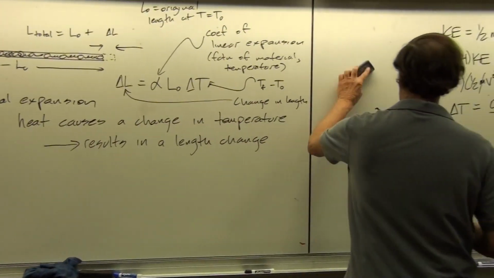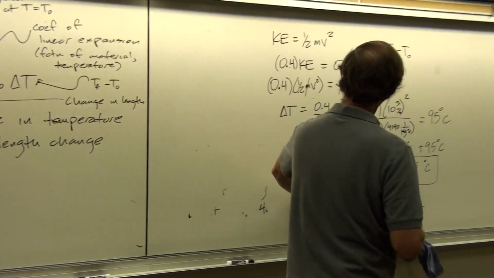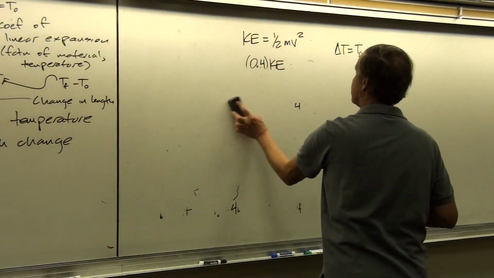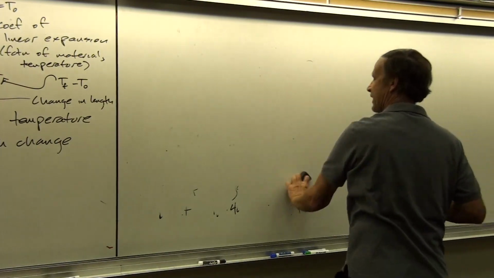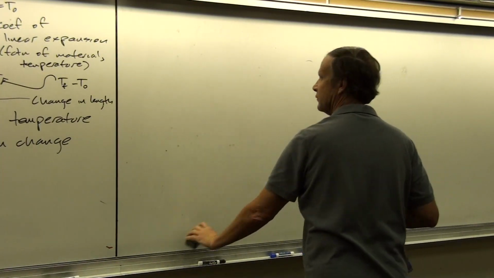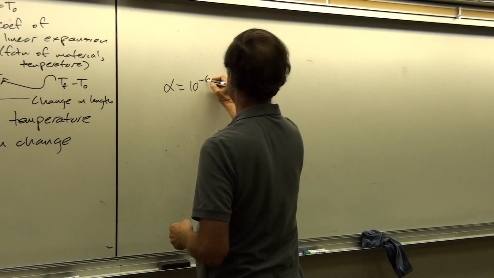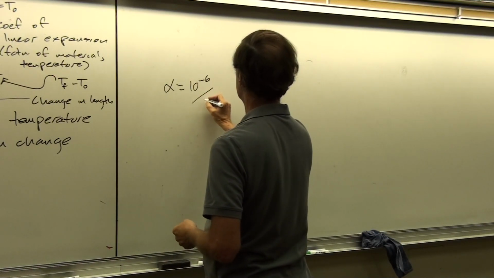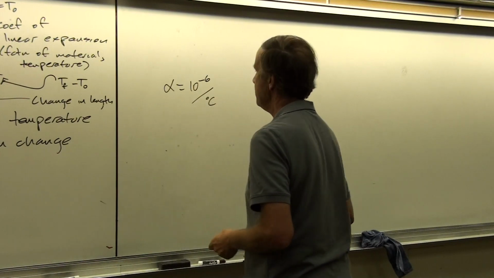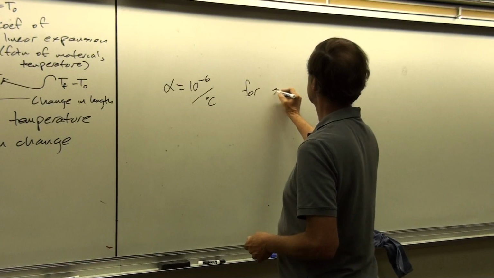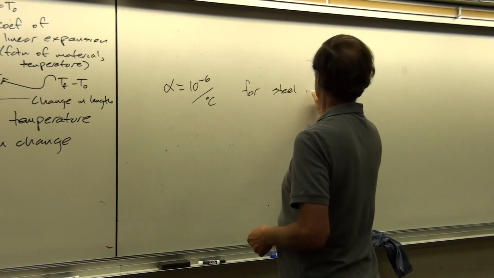So in this next example, let's take a look at railroad tracks, in which the alpha value for this problem, let's say, is 10 to the minus 6, and that would have units of 1 over degrees centigrade for the steel in the track.